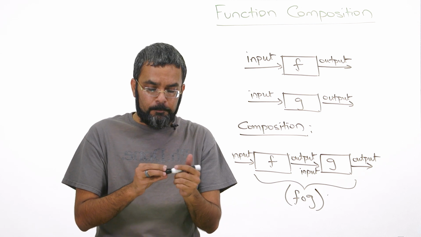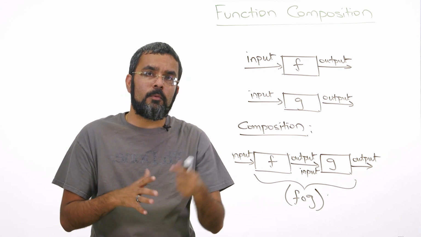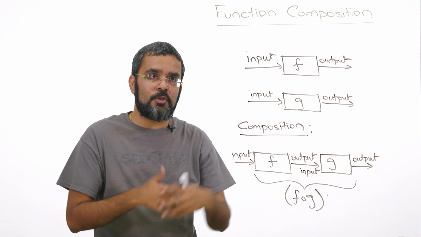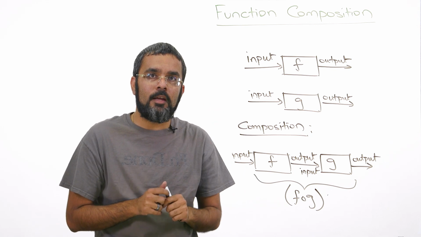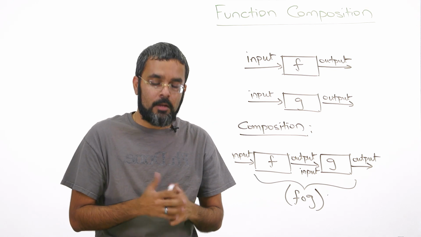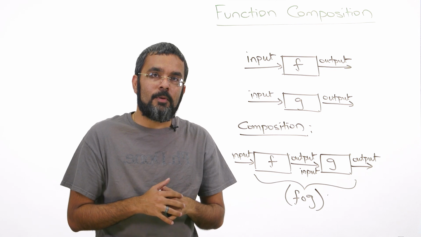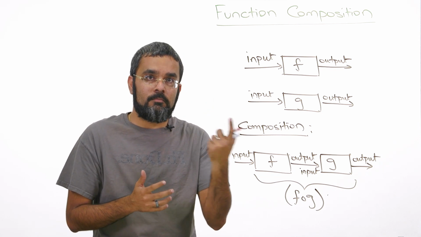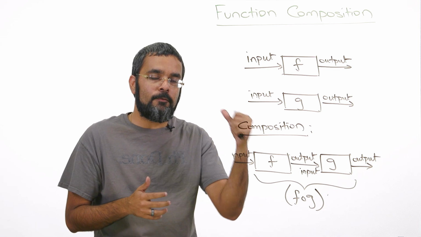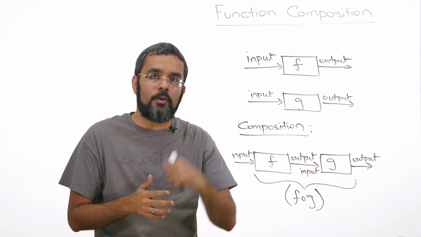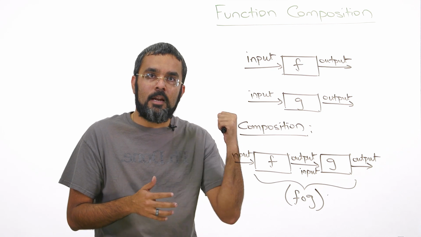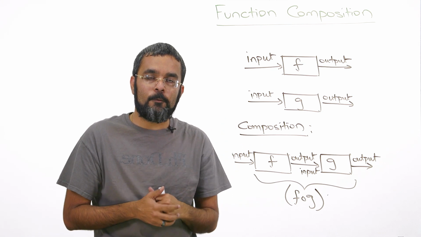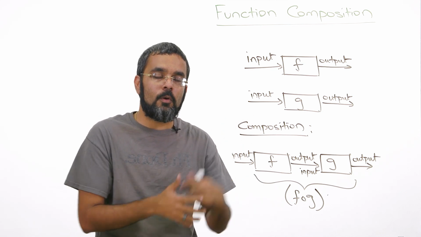Here's another example. Remember I told you about the soda can machine, that I put in a coin and I get a can of soda. Imagine I had two different machines. One machine was I put in a coin and I got a can of soda. For every different coin that I put, so let's say I put a quarter, I get a Pepsi. Let's say I put $1, I get a Coke, so on and so forth. I get different sodas for different coins.